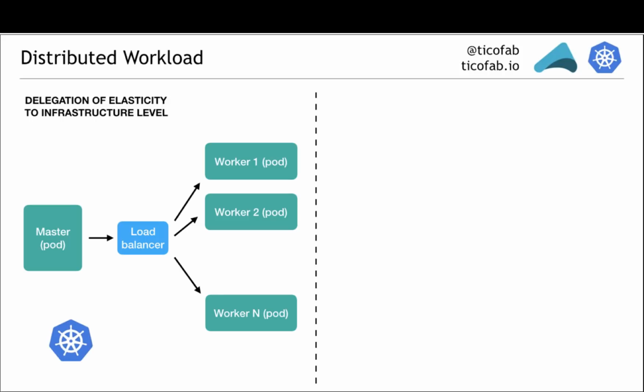And so what we'll do is we'll have a load balancer typically in front of a set of workers, and the master pod will be able to hand off work to them via the load balancer, just like we've seen before. And the load balancer is able to distribute load in a couple of very basic ways, and the workers should somehow tell back to the master the results of their work, and the master wants to know exactly which worker did what, how long it took, things like that.